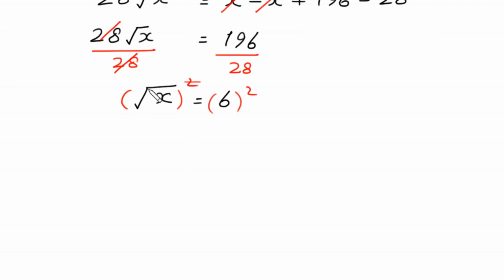So this square will be cancelled out with this square root, and at the left side is left x is equal to 6 squared, which is 36. This is the value of x. This is the final answer of this equation.